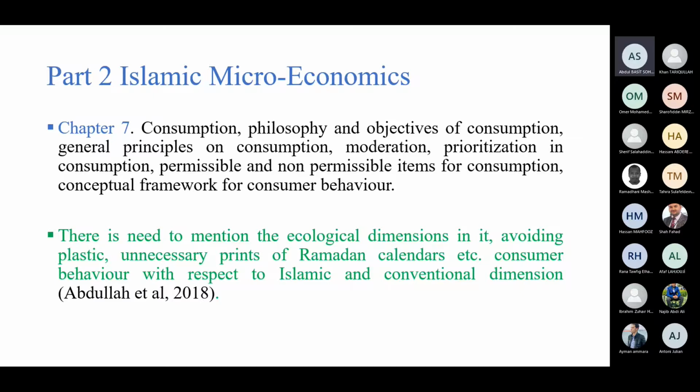According to this chapter, there is a need to mention the ecological dimension, such as avoiding plastic and unnecessary prints, for example, unnecessary prints of the Ramadan calendar in the month of Ramadan. While describing consumer behavior with respect to Islamic and conventional dimensions, all these points with respect to the ecological dimension should be kept in mind.